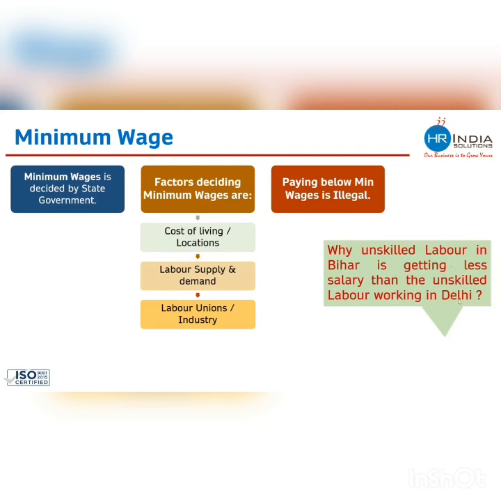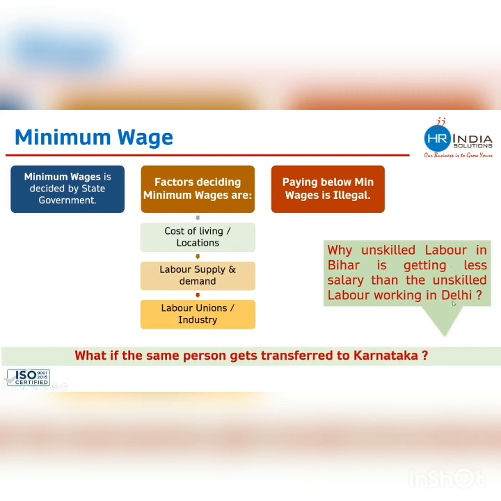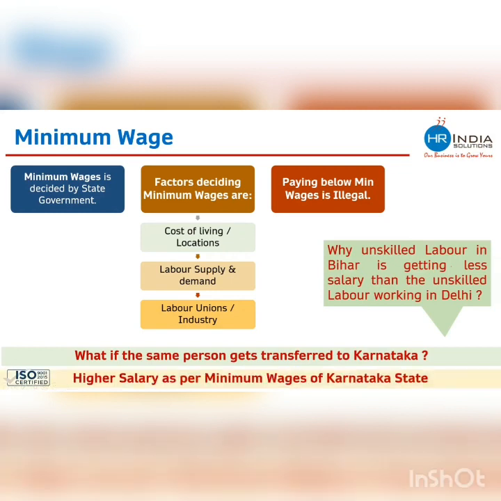If the same person gets transferred to, let's suppose, Karnataka, then he'll start getting wages according to the Karnataka state minimum wage, right? That is why minimum wages play a very important role while deciding the salary or wages of any employee or labor. All right, guys. I hope the minimum wages topic is clear with you.